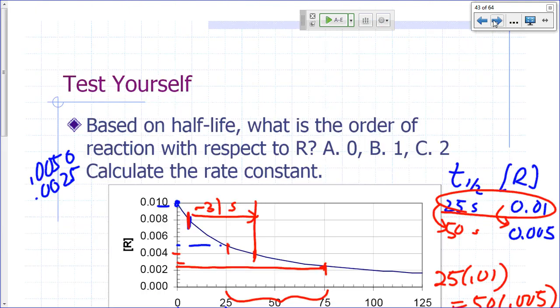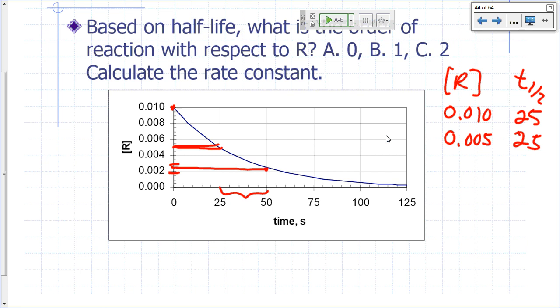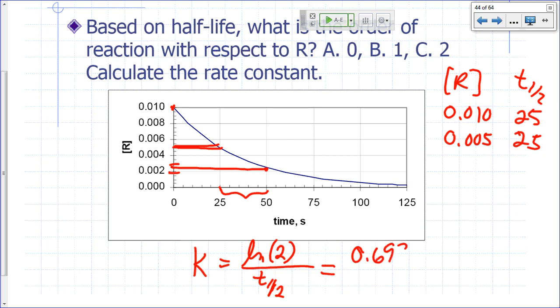So let's look at this one right here. What is our rate constant here? Natural log of 2 divided by the half-life, which is constant. So it's 0.693 divided by our half-life, which is 25 seconds. How much would that be?